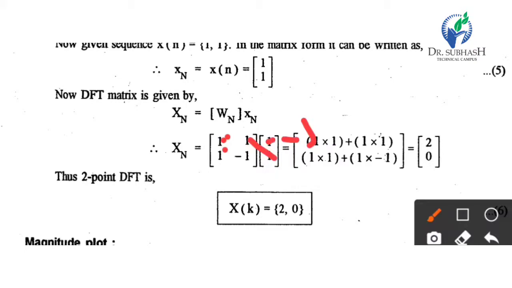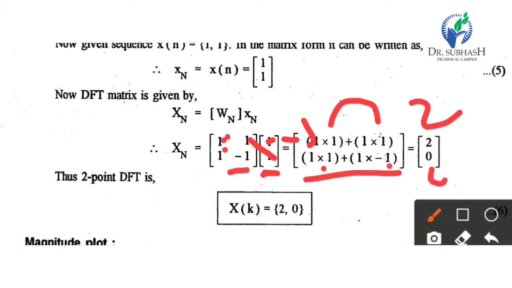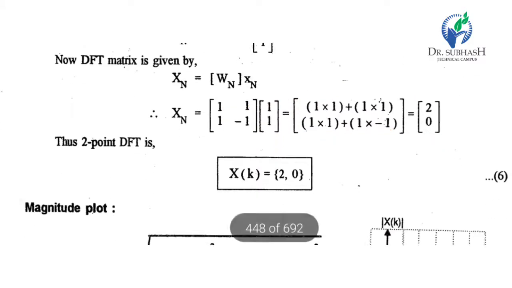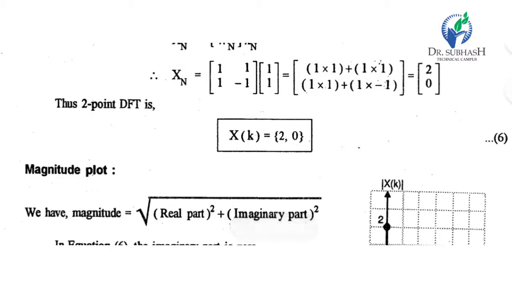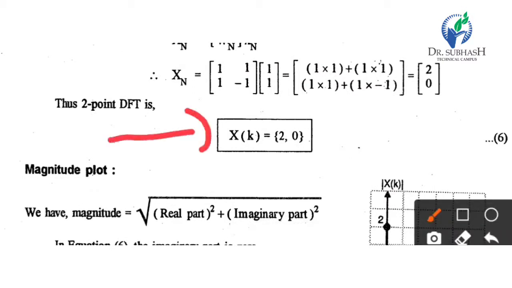Then 1 multiplied by 1 and minus 1 multiplied by 1 is the second row. So 1 plus 1 equals 2 and 1 minus 1 equals 0. So the 2-point DFT X of k equals 2 0.